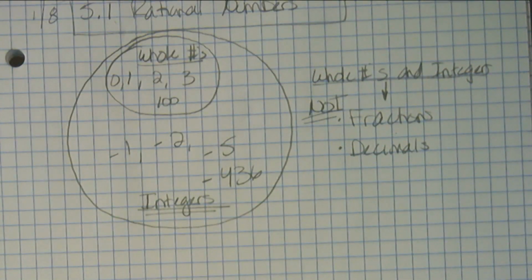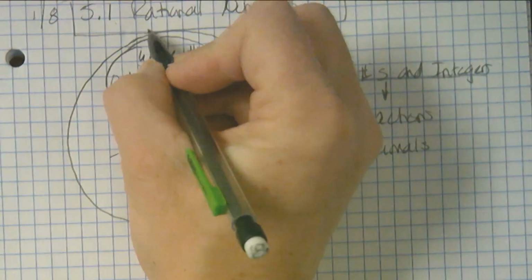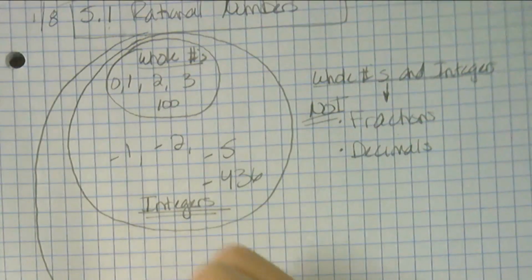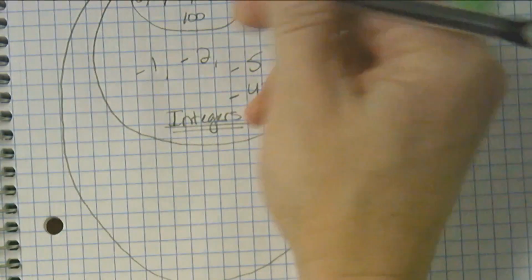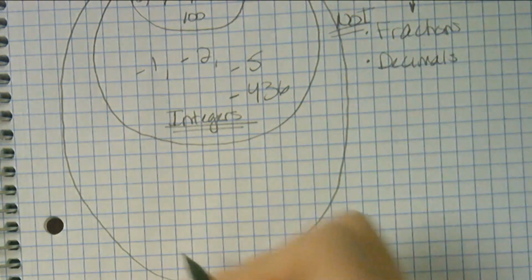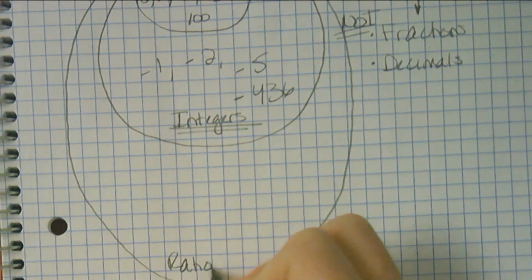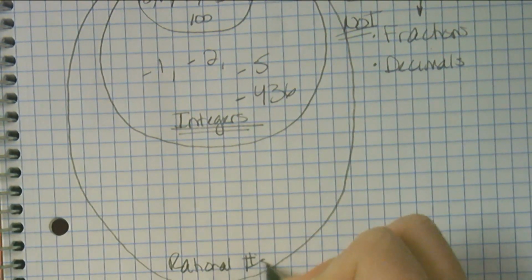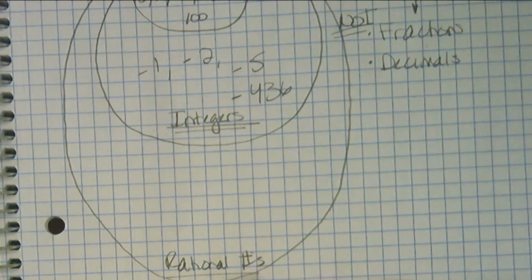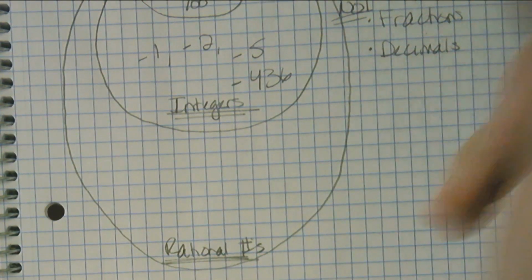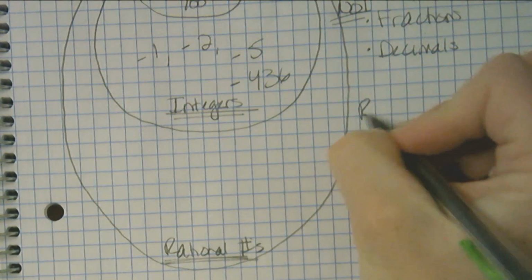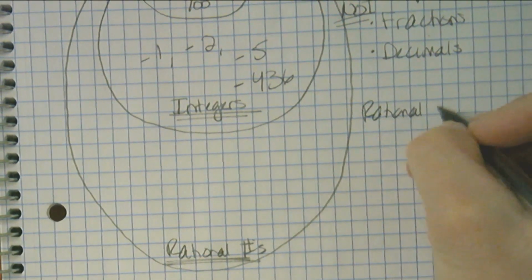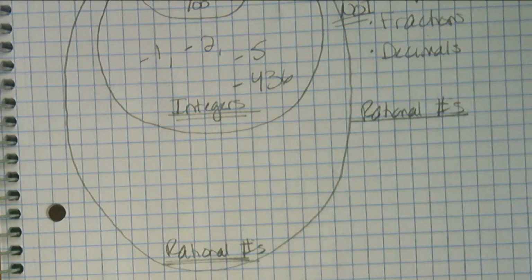All right, so now we're going to make this even bigger. And now the whole numbers and integers are all part of what are called rational numbers. So I'm going to do a list next to it.